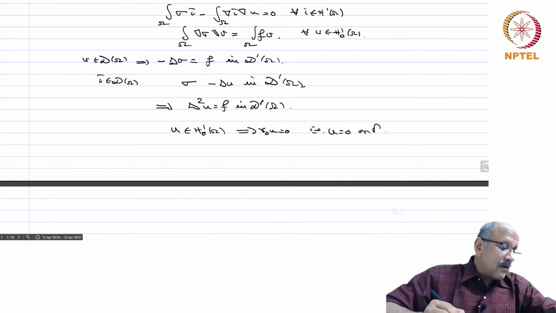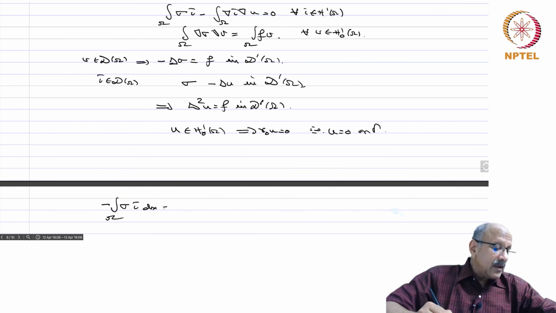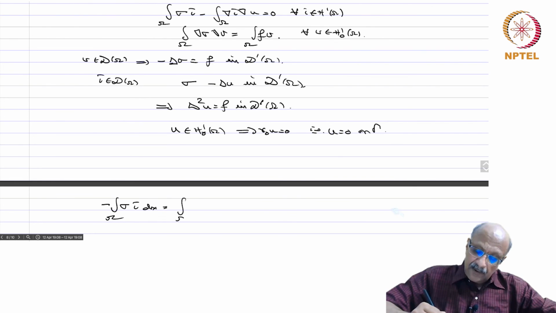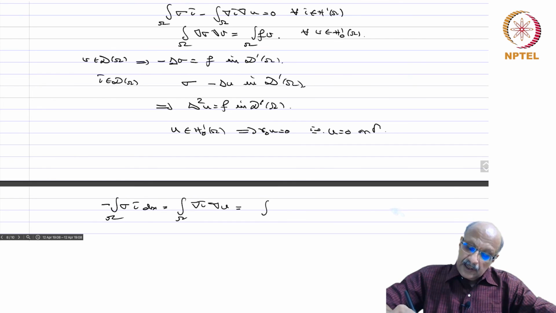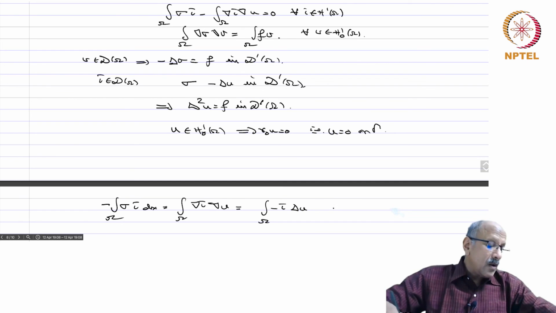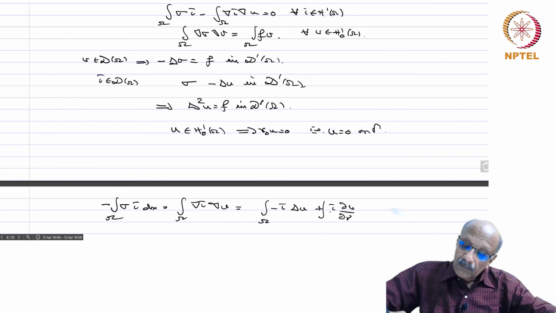So you have that minus integral of sigma tau on omega dx is nothing but integral on omega grad tau grad u, sorry, where sigma is the solution, and that is equal to integral on omega of minus tau times Laplacian u plus integral of tau times du by d nu on gamma.